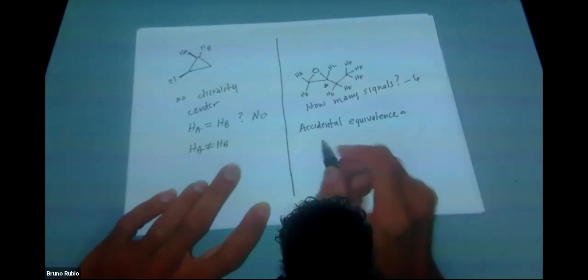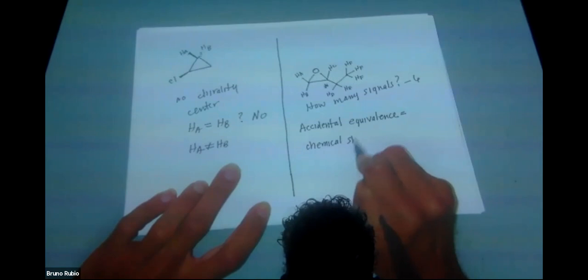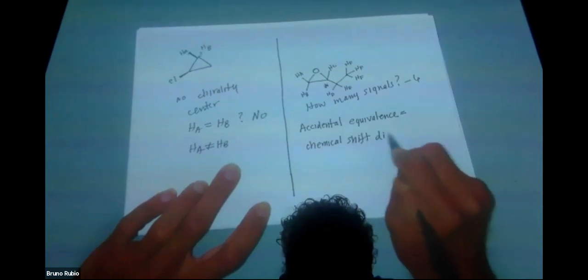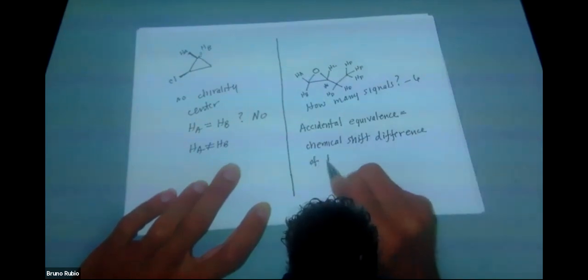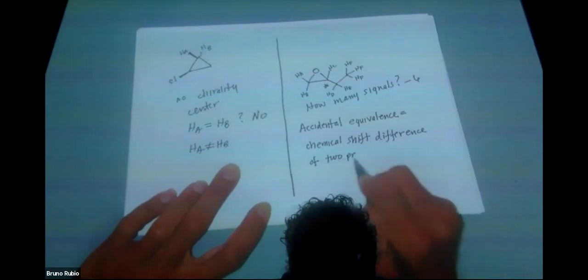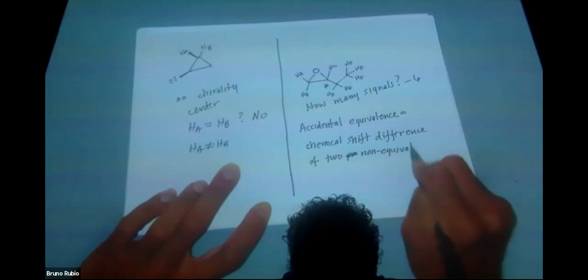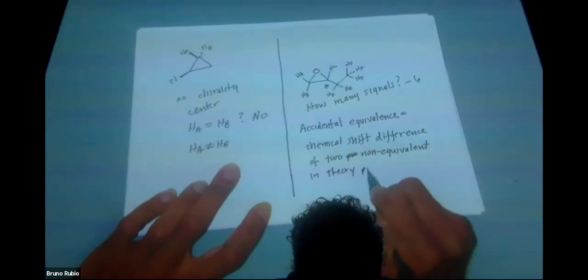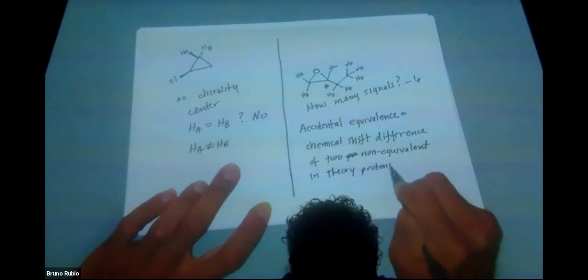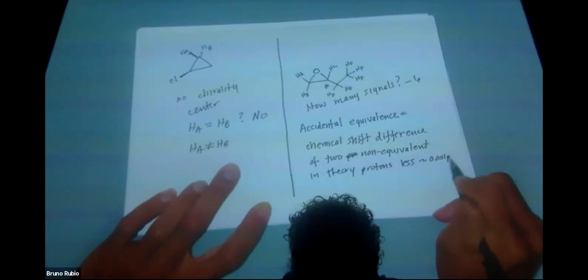So this accidental equivalence happens when the chemical shift difference of two non-equivalent in theory protons is less than about 0.001 ppm.